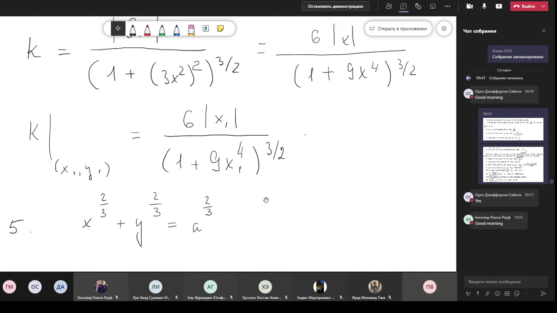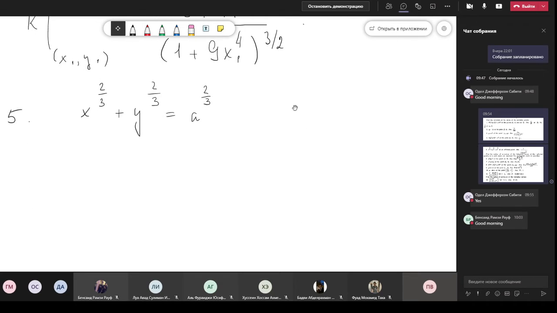We can find y in this equation, or we can write it in parametric form. Maybe I can show you how you can rewrite it in parametric form.